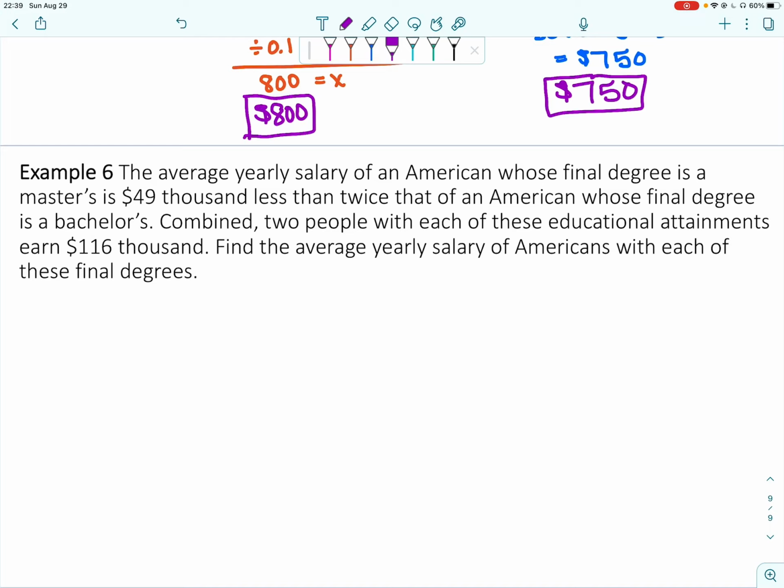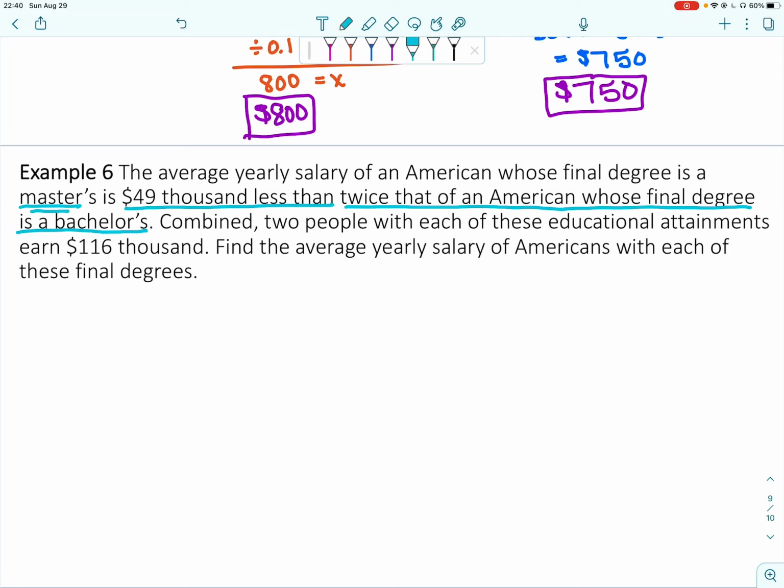So the average yearly salary of an American whose final degree is a master's is $49,000 less than twice that of an American whose final degree is a bachelor's. I'm going to stop reading right there because there's a lot in that first sentence. So, somebody with a master's is $49,000 less than twice that of an American whose final degree is a bachelor's.